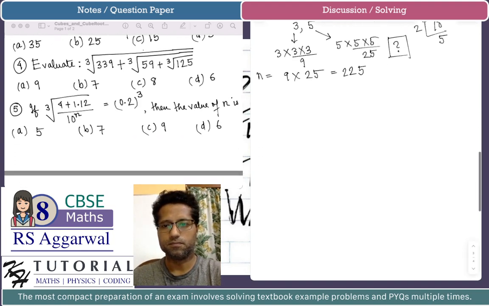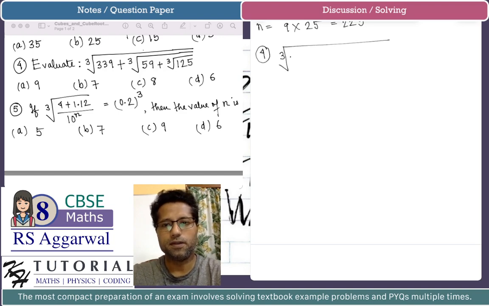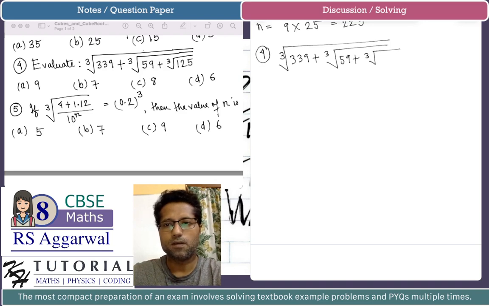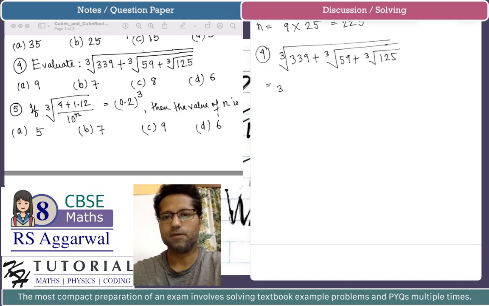Problem number 4. We have to evaluate the cube root of 343 plus the cube root of 59 plus the cube root of 125. Now let's do it step by step.